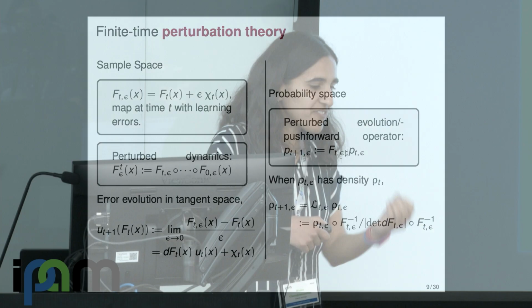So in the limit of infinitesimal, as epsilon tends to 0, you have an infinitesimal perturbation to the dynamics. This means that there is an infinitesimal error. So the error is in the tangent space, and that is what this ut is. So the uts are errors in the tangent space which represent the errors in the dynamical system in the limit epsilon goes to 0.